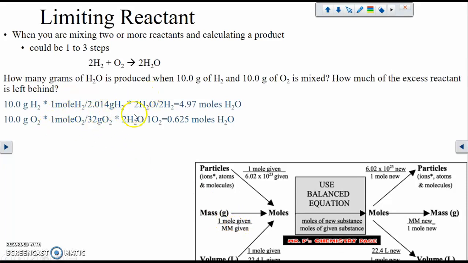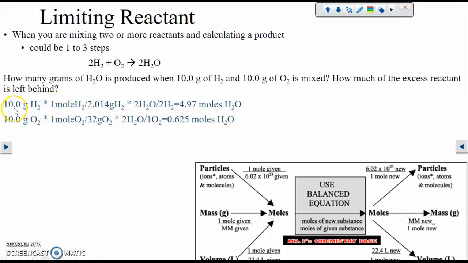Note the difference in what we're using from the balanced chemical reaction. The ending is the same, moles of water, but the bottom numbers are different because here we're starting with hydrogen. In hydrogen's case, we have 2 moles of hydrogen. In oxygen's case, we only have 1 mole of oxygen.